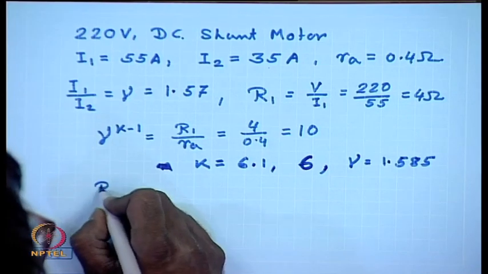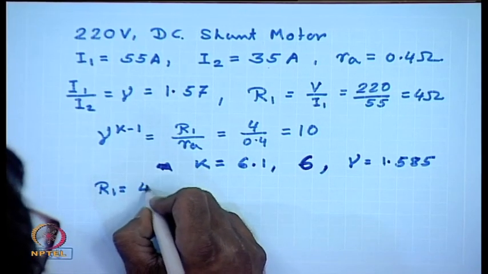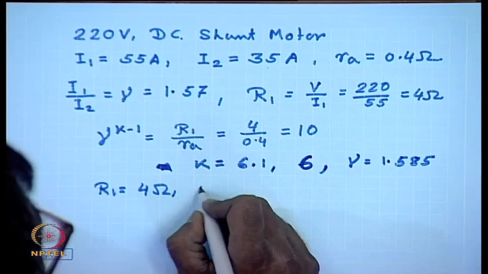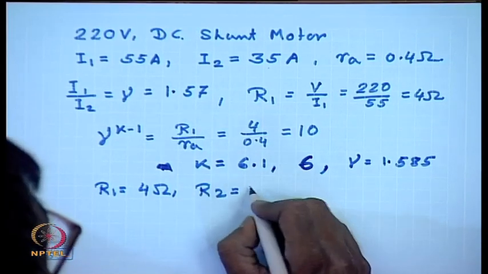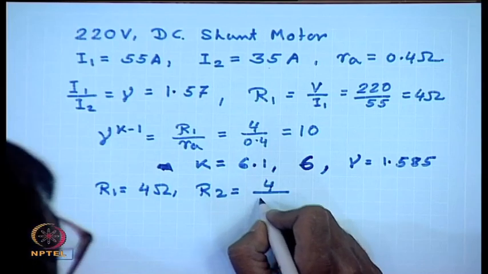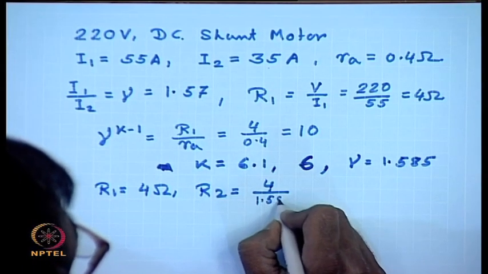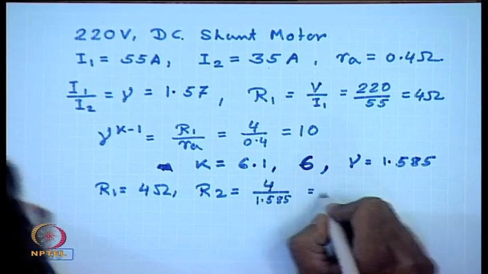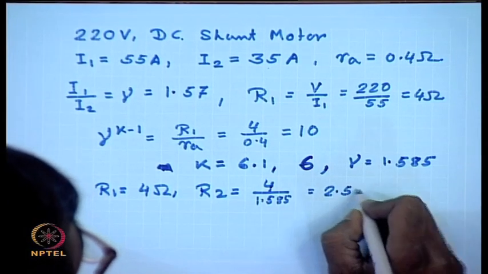So, we have R1 equal to 4 ohm, R2 equal to 4 divided by 1.585 equal to 2.52 ohm.